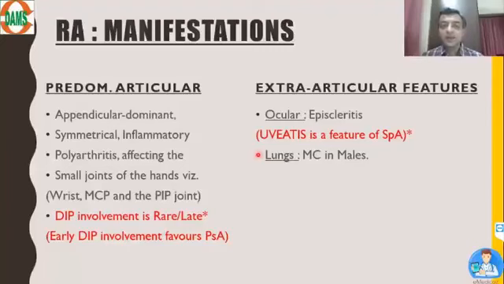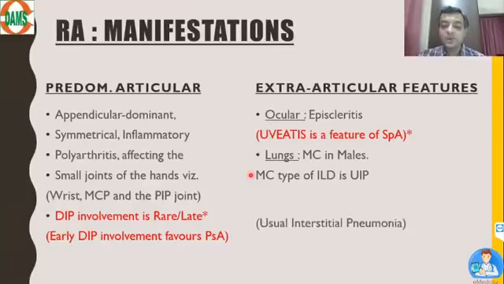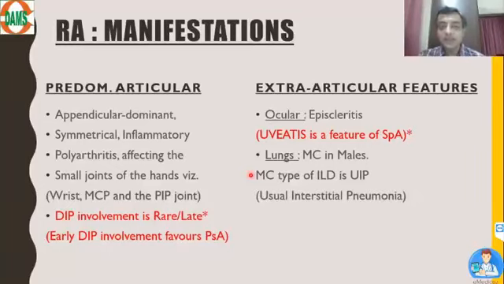And the most common type of interstitial lung disease is UIP. What is this UIP? Usual interstitial pneumonia. Please note it down. The most common type of interstitial lung disease in RA is the UIP. UIP full form is usual interstitial pneumonia.